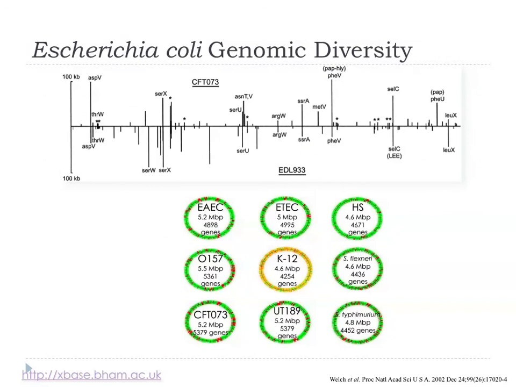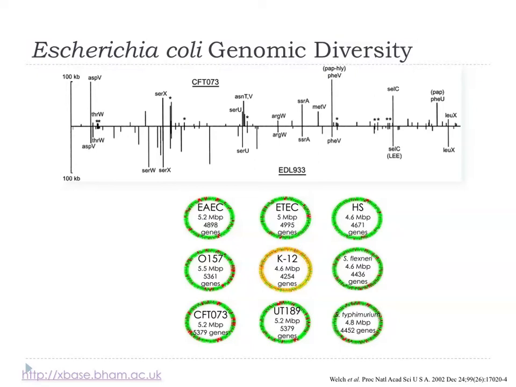If we look at that another way, we can kind of imagine the E. coli core genome here along the axis, forming that horizontal line, and then these vertical lines coming off of it are strain-specific gene clusters that are kind of, if you like, wedged into that core genome as you go along the genome.